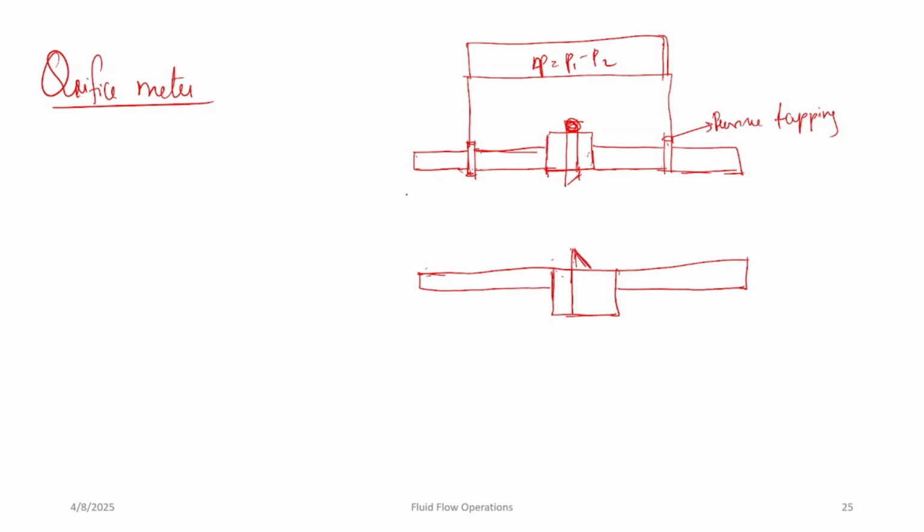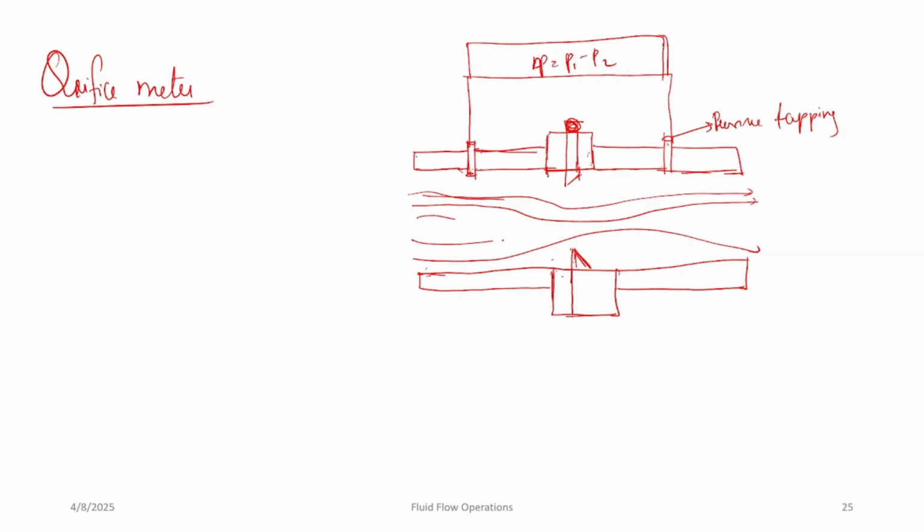Okay. So these are the streamlines. Because of these obstructions, there will be change in the streamline. Okay, so this is the central line or the middle part. So let's say this is point 1 and this is point 2. Okay, so let's apply Bernoulli's equation at point 1 and 2.